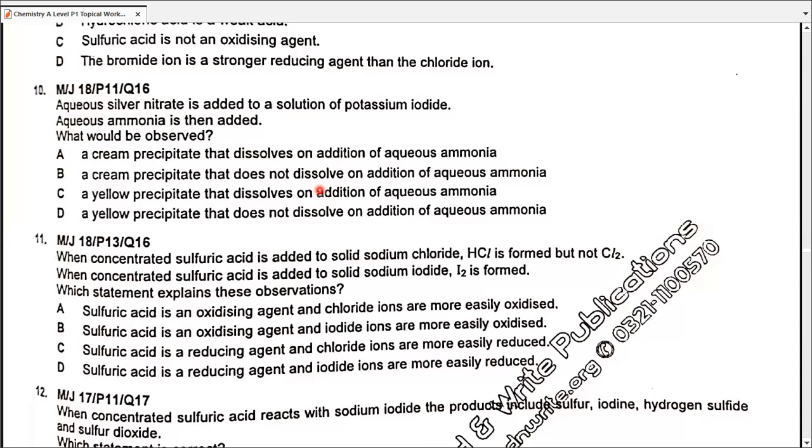A yellow precipitate. D. And Saad, your choice. Sir, D. Perfect. Okay, all right.